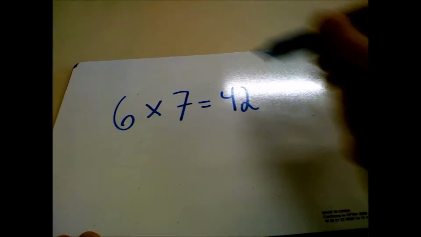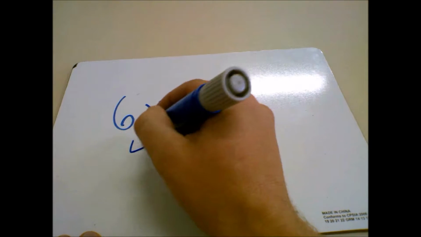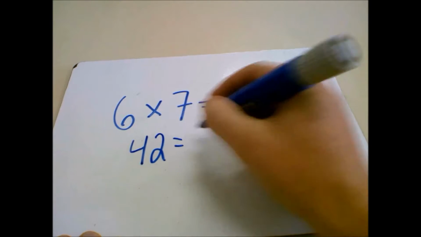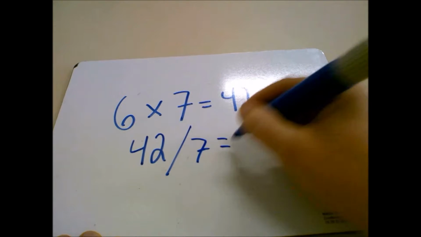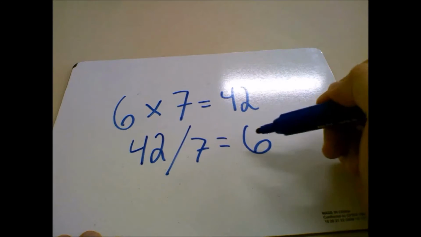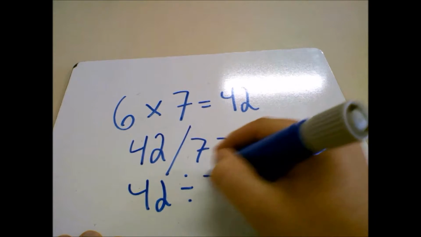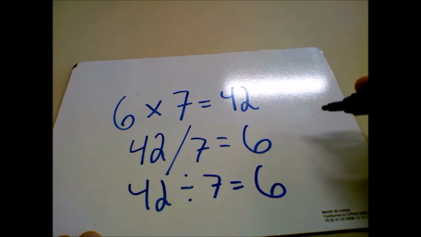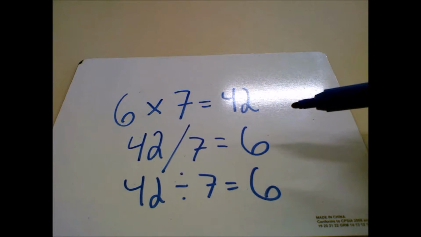Now, in this equation, we could therefore write it as a division question. 42 divided by 7 equals 6, no matter how you write it. In this equation, which number is your dividend?